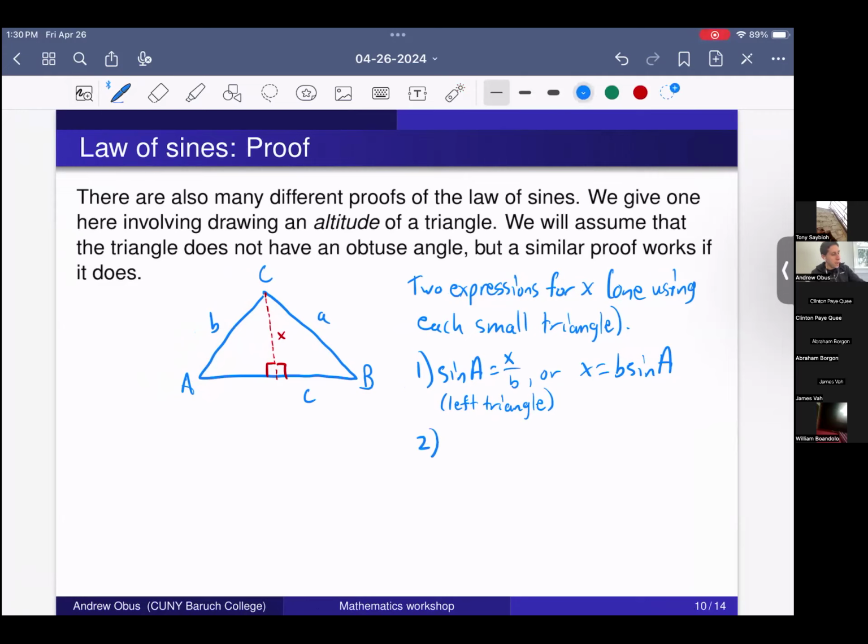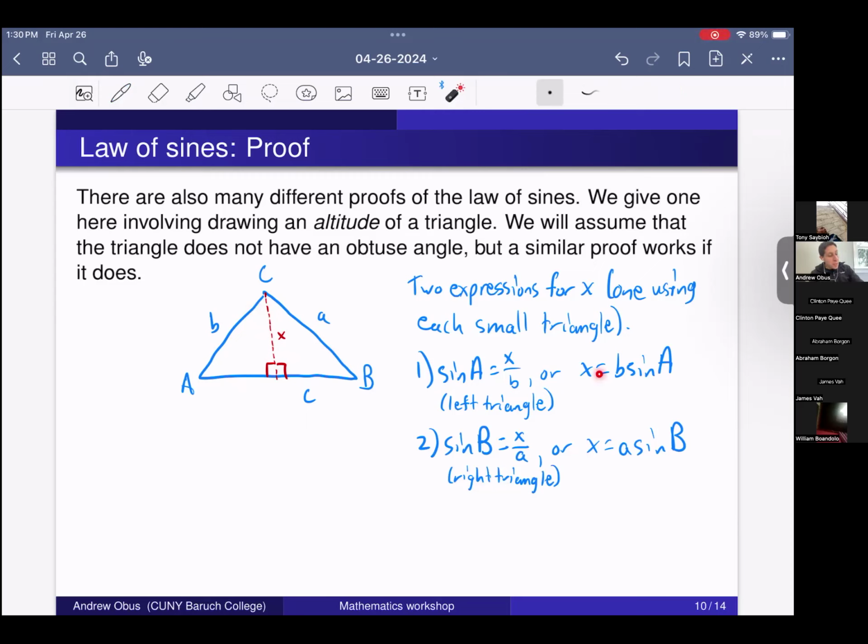Now I use the right triangle, and I look at the sine of B. That's the opposite over the hypotenuse, so sine of B is equal to X over A, or X equals A sine B. This comes from the triangle on the right, I don't mean it is a right triangle, but the triangle on the right. So this is the left triangle, this is the right triangle.